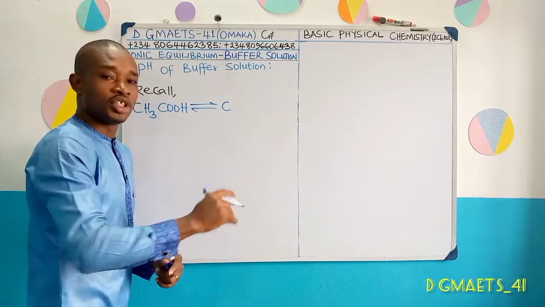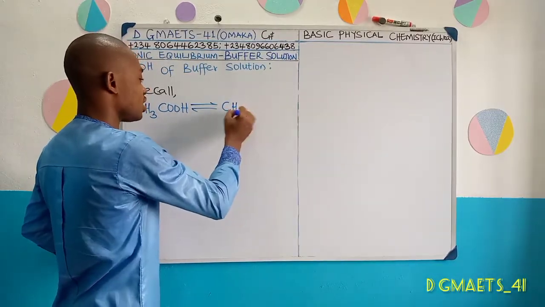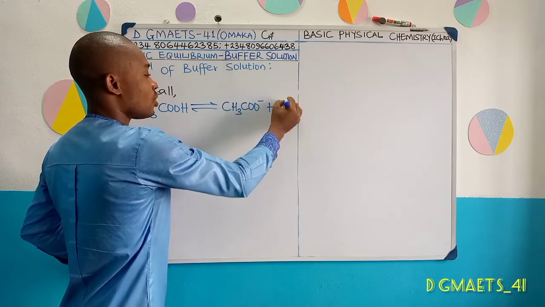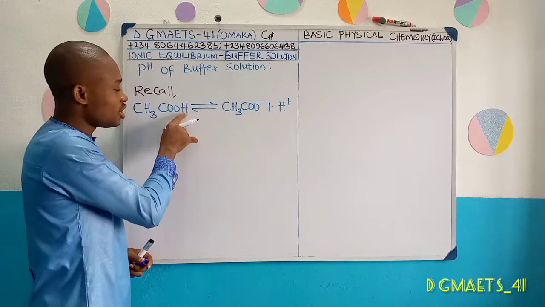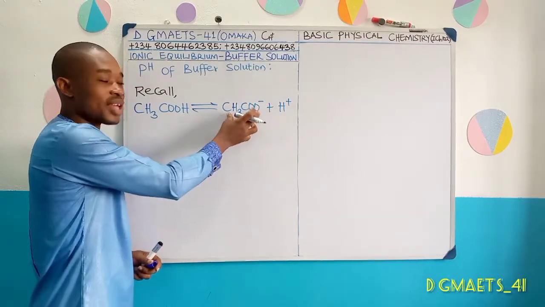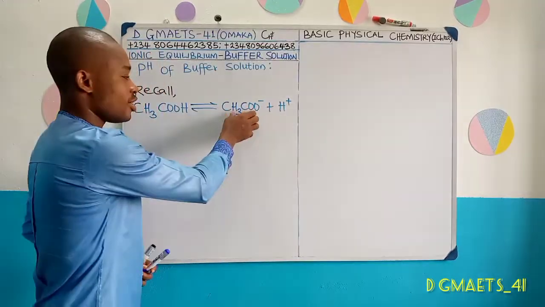You want comot hydrogen now, so what we go get for this side, what we call product side, na something like this. So you see am, how you remove hydrogen, this hydrogen go comot, and this part go remain like this. So they call this part acetate ion.